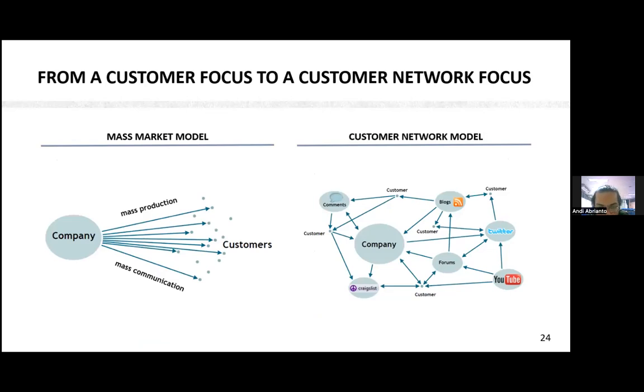In contrast with the mass market model, in the customer network model on the right side figure, customers actively spread information about many things on the network, on the various communication channels. And as I explained in the previous slide as well, customers in this era are dynamic and interconnected with one another.